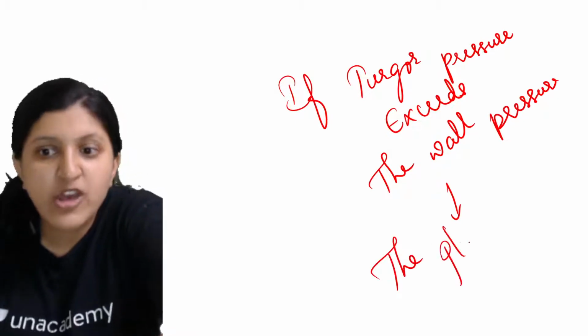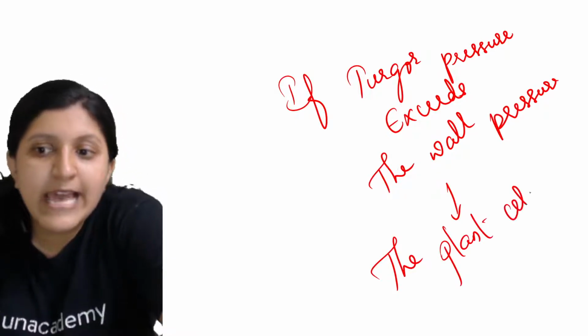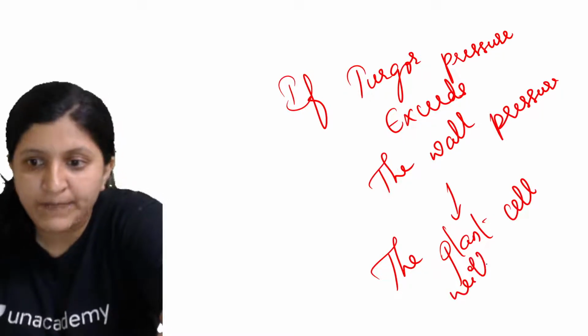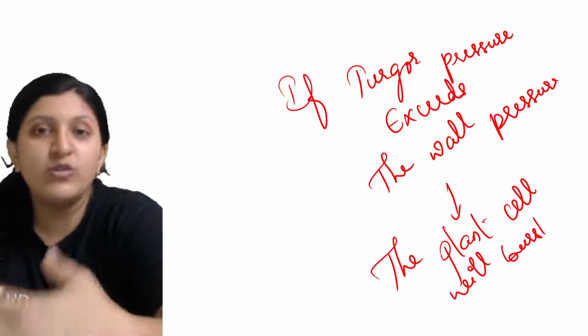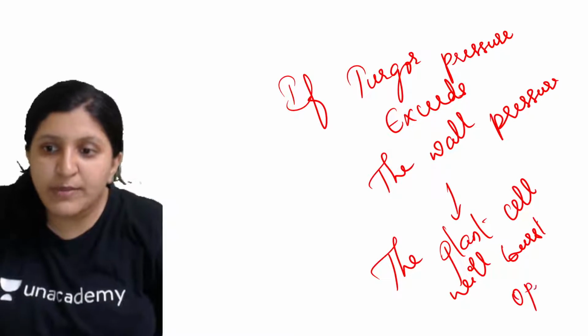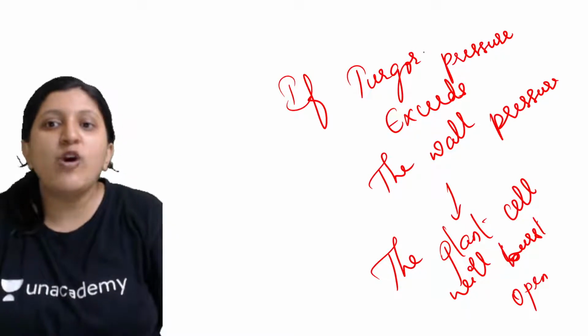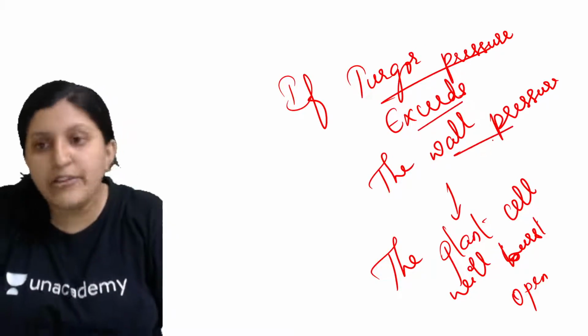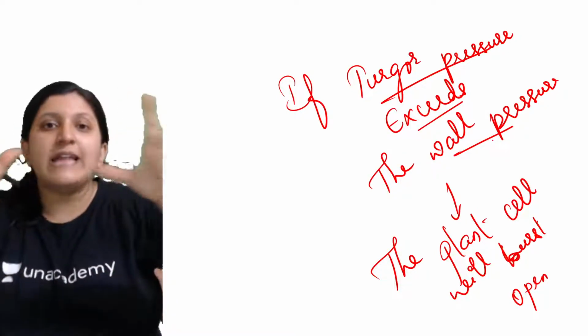There is a chance that the plant cell will burst open, and that is how you can see the fruits will open up. This is because the turgor pressure is exceeding the wall pressure. So you can see that the cell will burst open.